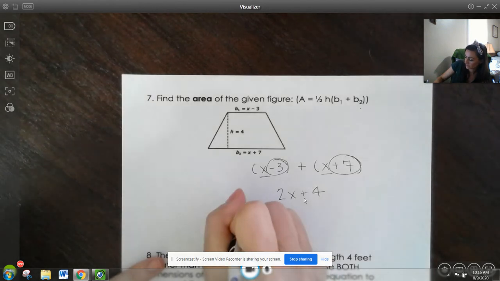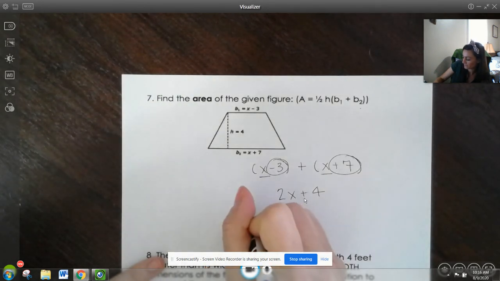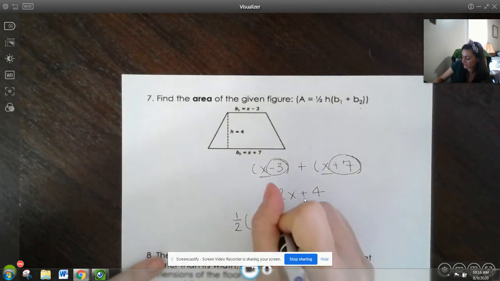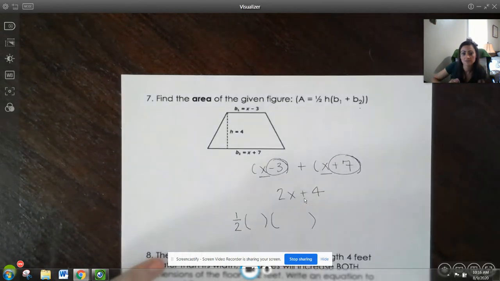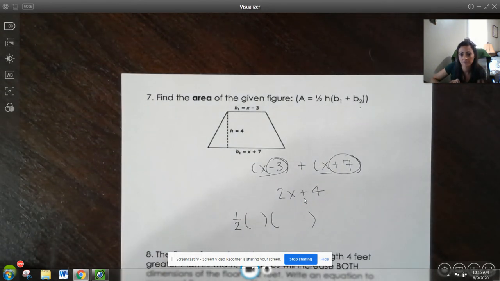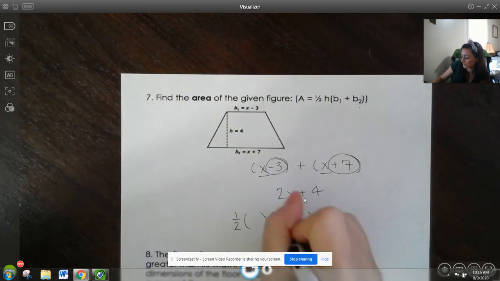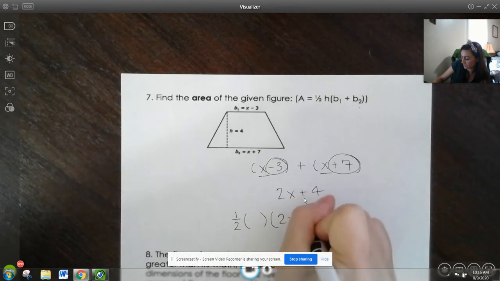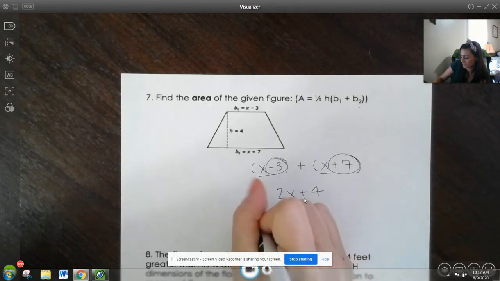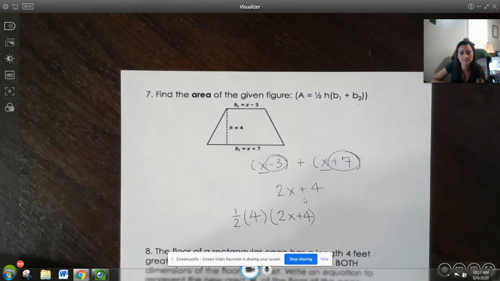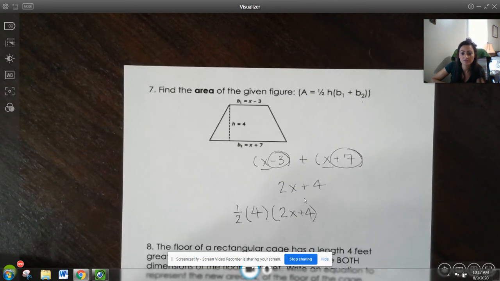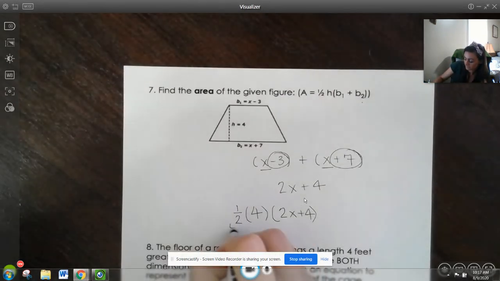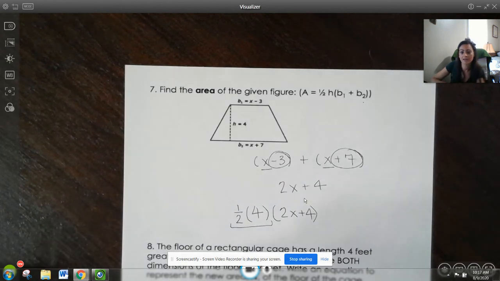So my area formula is 1/2 times the height times the bases added together. Well, I did that already. I have 2x plus 4. The height is 4. Now you can go about this in a variety of different ways. Personally, seeing 1/2 times 4 is the first thing that I would choose to do.